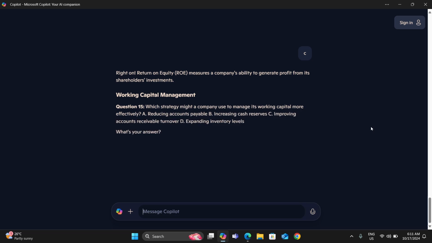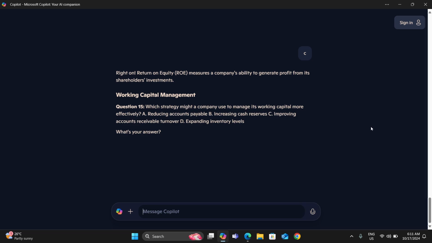Working capital management. Which strategy might a company use to manage its working capital more effectively? Reducing accounts payable, increasing cash reserves, improving accounts receivable turnover, and expanding inventory levels.